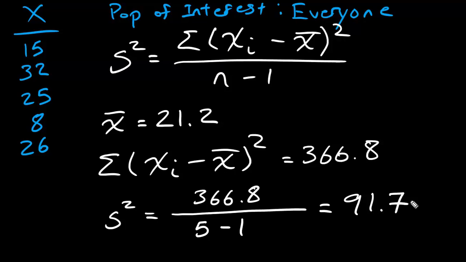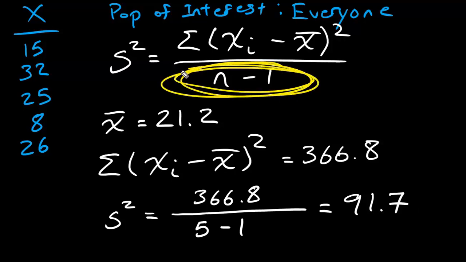So really, most students catch on pretty quick on the actual computations. But this part, knowing when to divide by n minus 1 and when to divide by n, that's one of the trickier things.